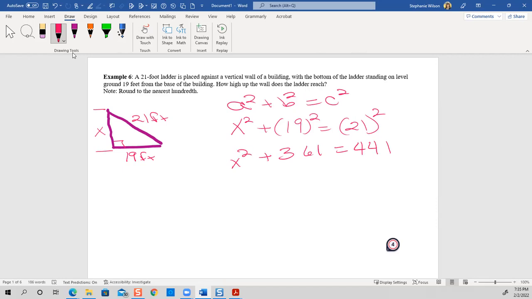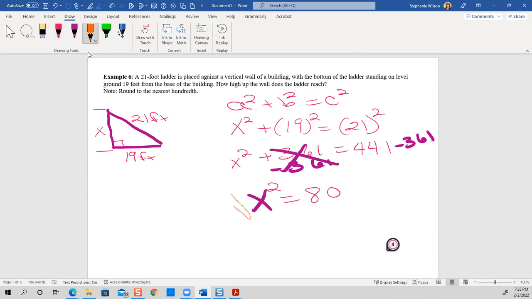All right, and now we need X by itself. So I'm going to subtract the 361 from both sides. This goes to 0. X squared is equal to 441 minus 361, which leaves me with 80. To undo that square, we need to take the square root of both sides.